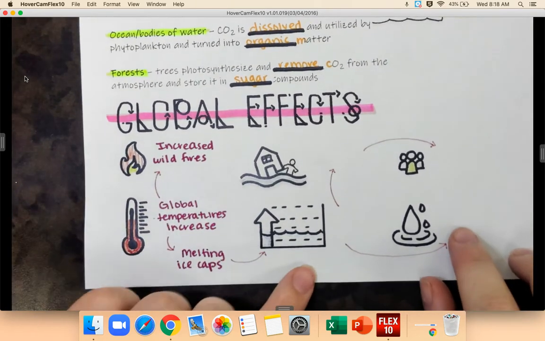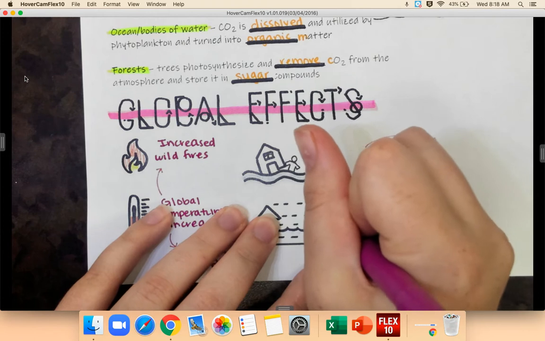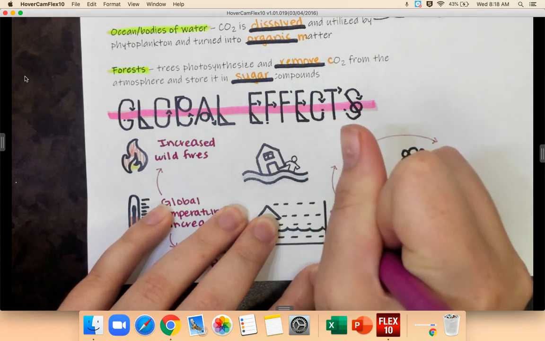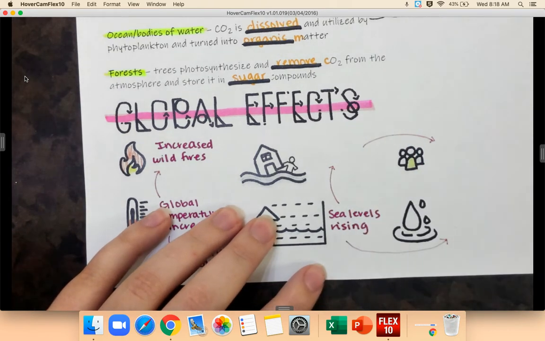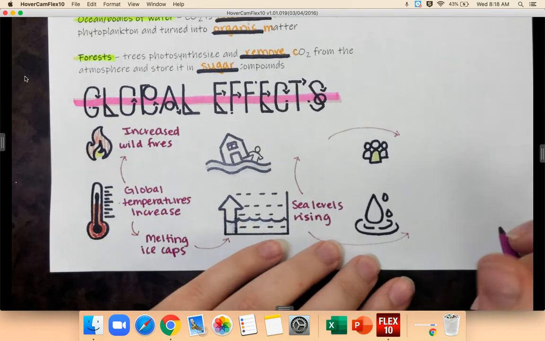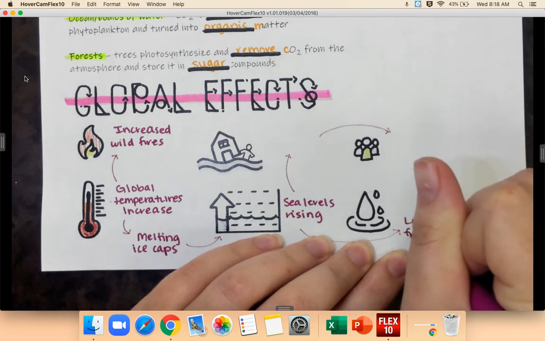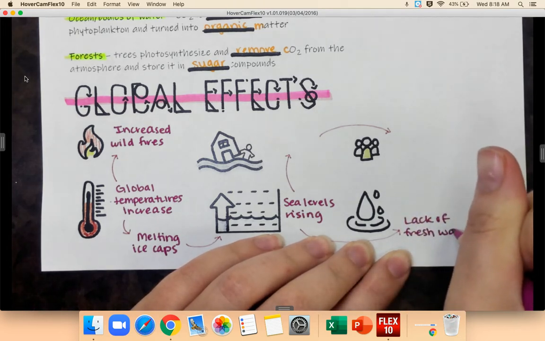Melting ice caps could lead to sea levels rising, which could lead to a lack of fresh water availability.